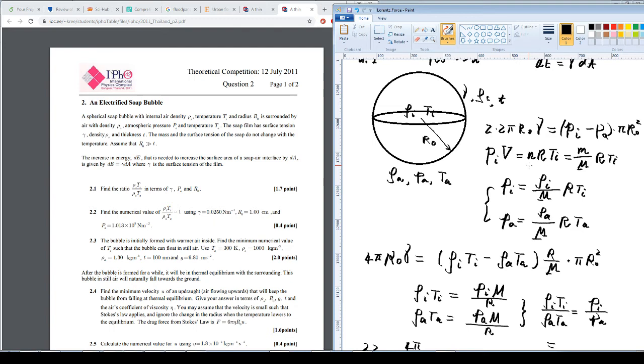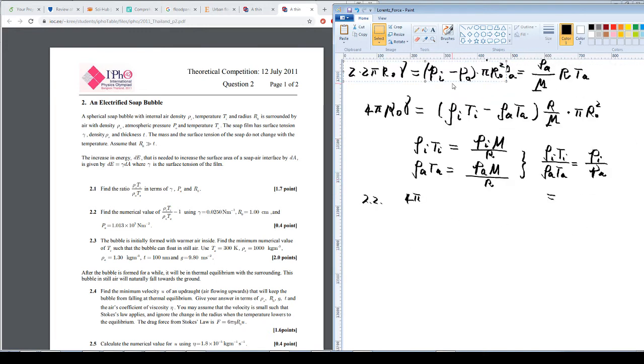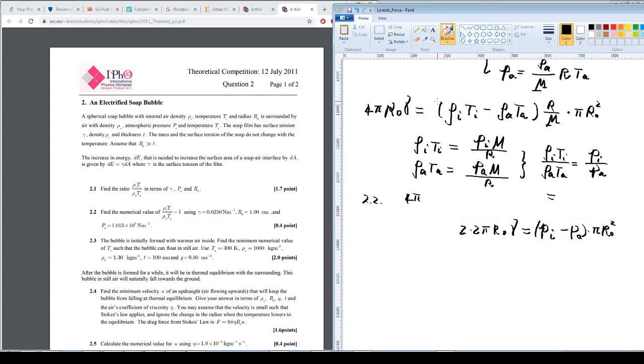So for that, we need to go back to the original dynamics equation, the very first one, and we divide this equation by PA. It becomes 4 pi r naught gamma over PA equals pi over PA minus 1 times pi r naught squared.